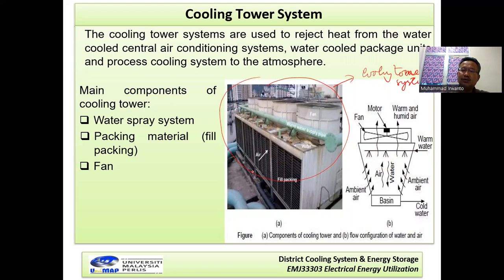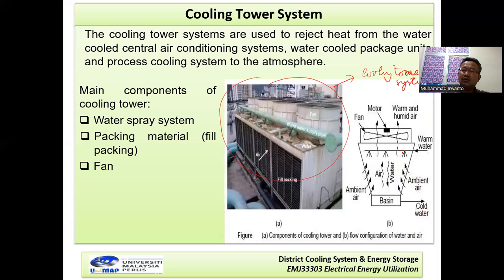Here we have the air from the outside entering, and at the same time the warm water will drop down below, where we have the basin. In this process, latent heat and also sensible heat occur here. The water that drops here has a lower temperature than this one, and after that it goes to the condenser again.